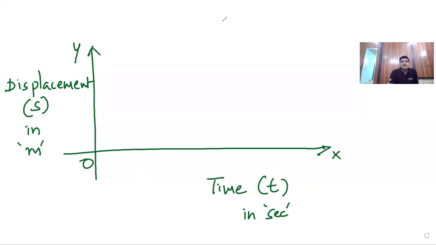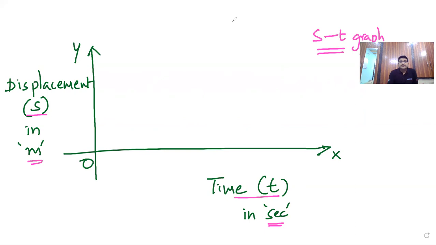It is the S versus T graph, the ST graph. Given is the ST graph. Okay.